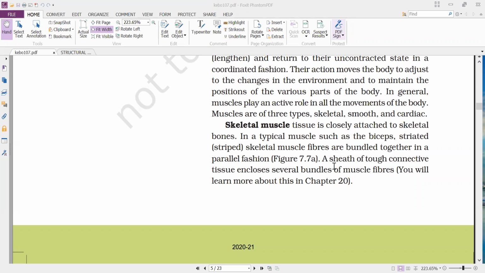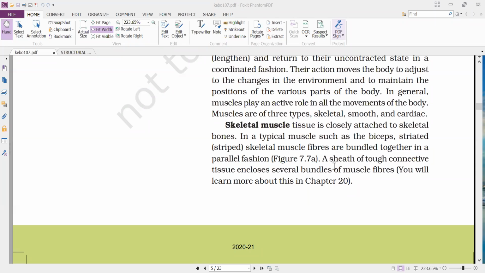In skeletal muscle, these actin and myosin filaments are present in an alternate manner, giving a nature to the muscle like a dark and a light band.